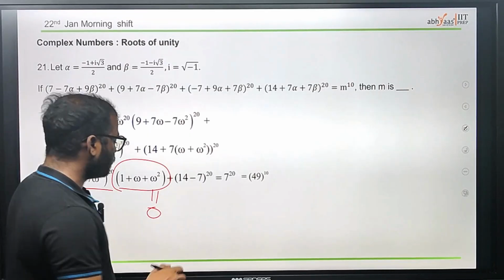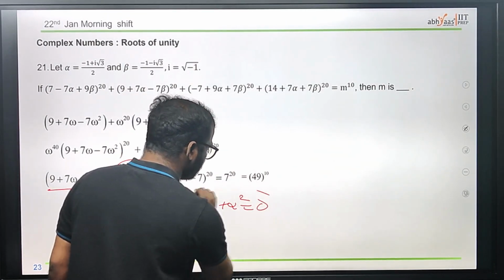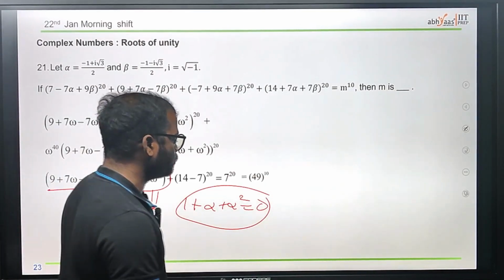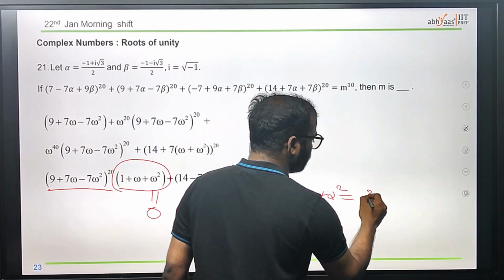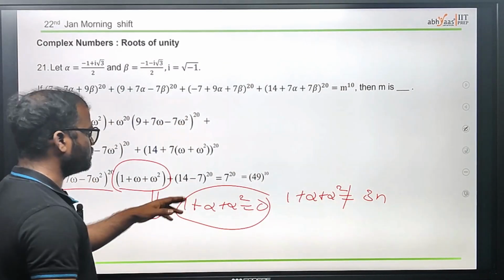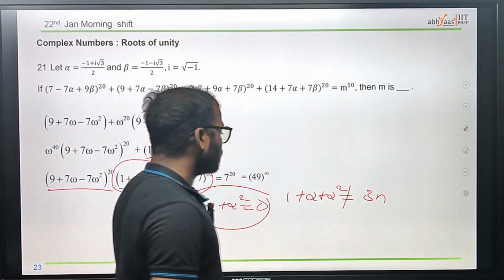We know that 1 plus alpha plus alpha square is equal to 0. This is our identity. Also, we have one more thing that will be used in this question, which is that 1 plus alpha square is not equal to 0 when n is not a multiple of 3. We can use this here as well in order to find the answer.